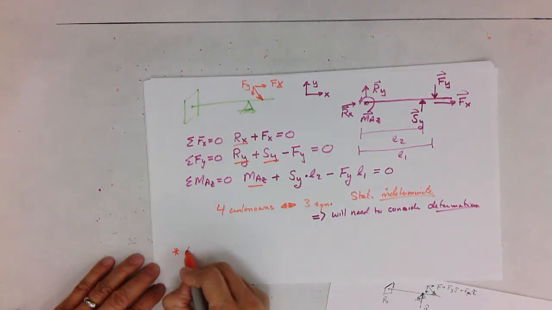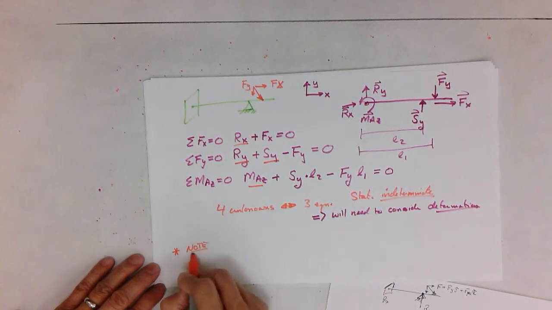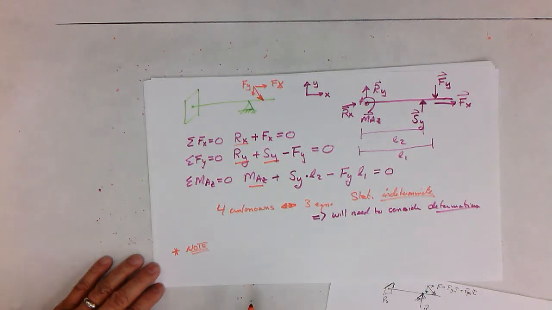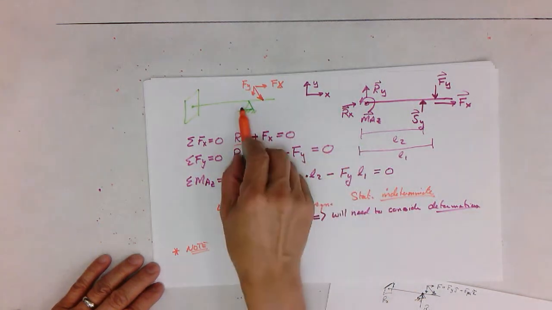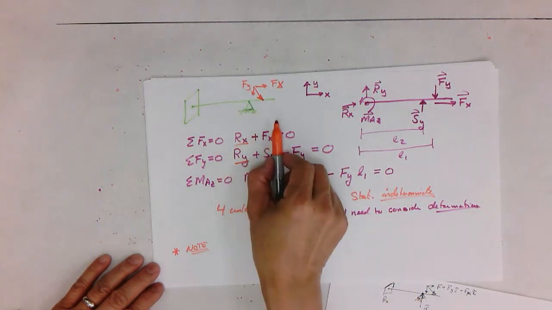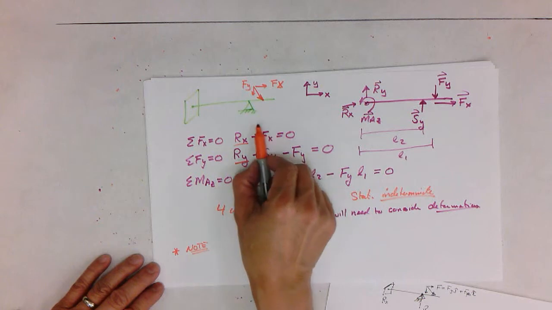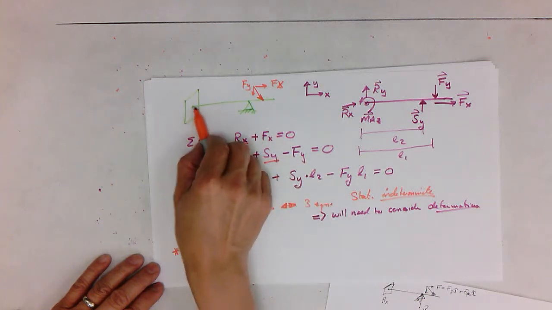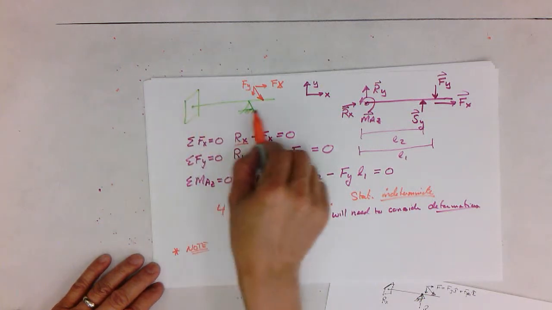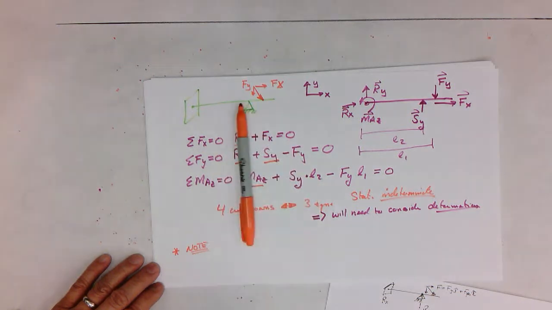So let's note one thing. By observation, in general, you can see whether a system is statically determinate or indeterminate by imagining if you took away one of the constraints, would the system still be in equilibrium? So again, we have a beam, it's fixed to the wall, there is a vertical support here.